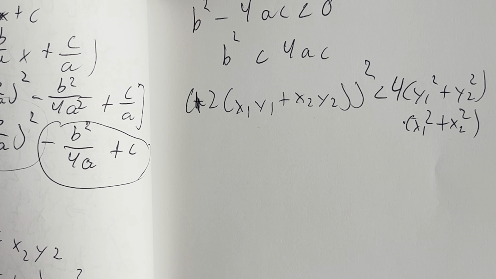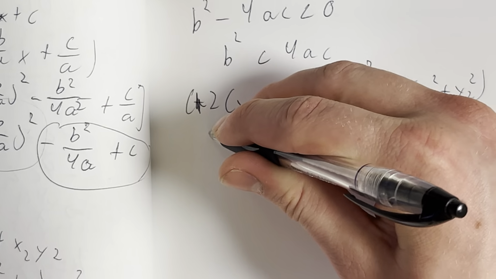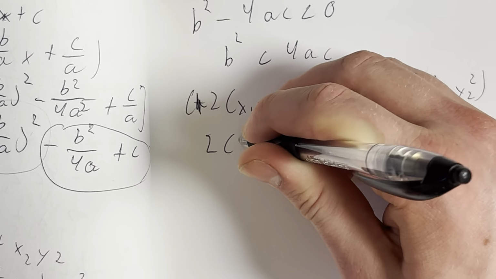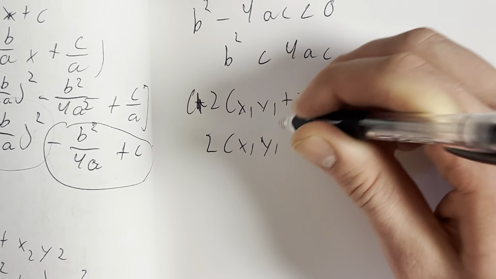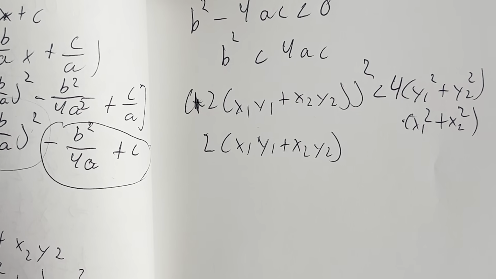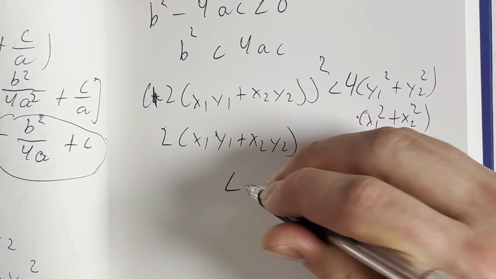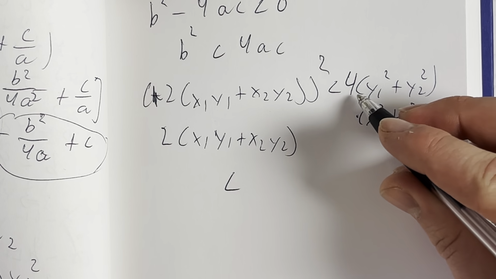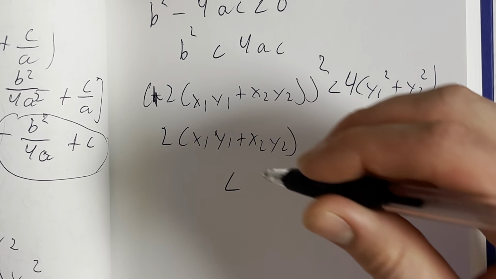So we take the square root: 2 times x1 y1 plus x2 y2 is less than the square root of 4, which is 2.